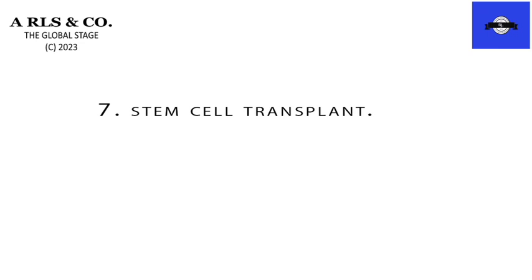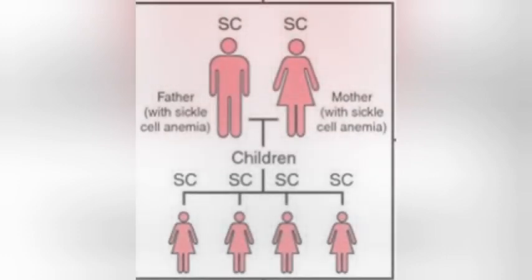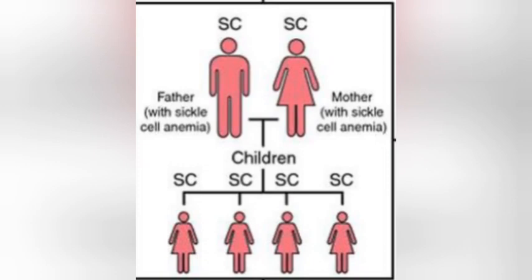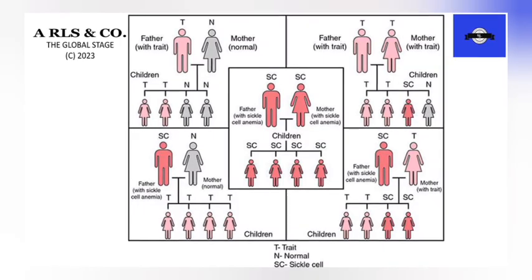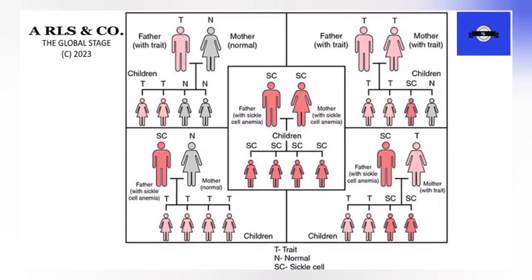Having said that, let's look at the genotype cross-matching table and the possibilities of sickle cell anemia in children born to parents with this trait or the disease, and who you are compatible with when it comes to the decision of marriage.